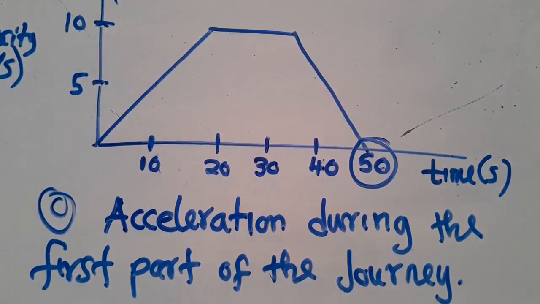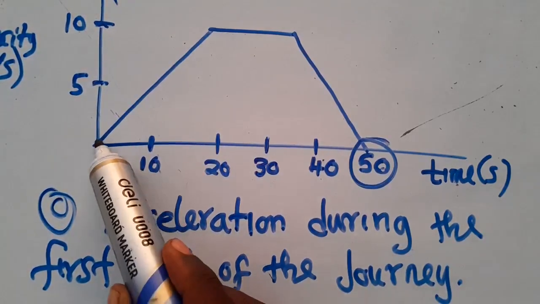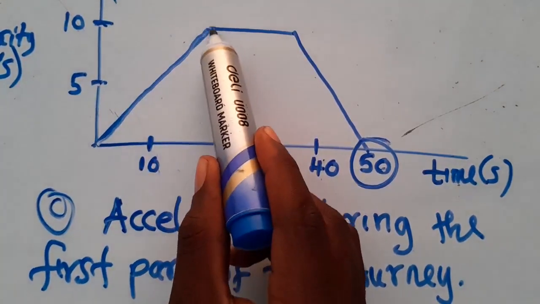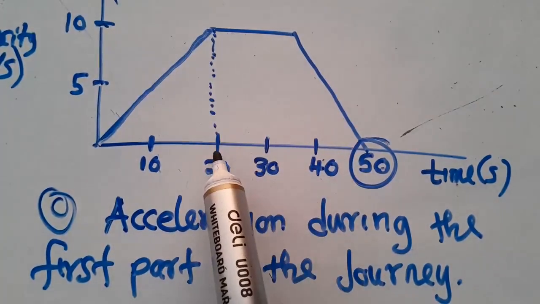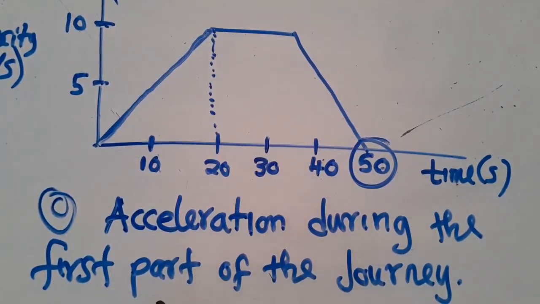How can we find the acceleration during the first part of the journey? The first part of the journey started here, went, reached there. So here, this is the first part. Have you seen? That one is reaching 20. So this is the first part of the journey.